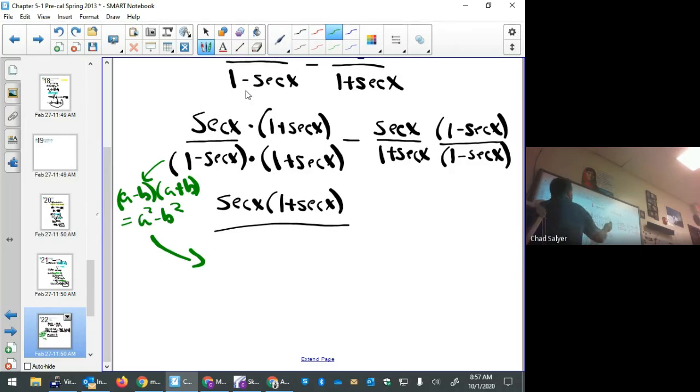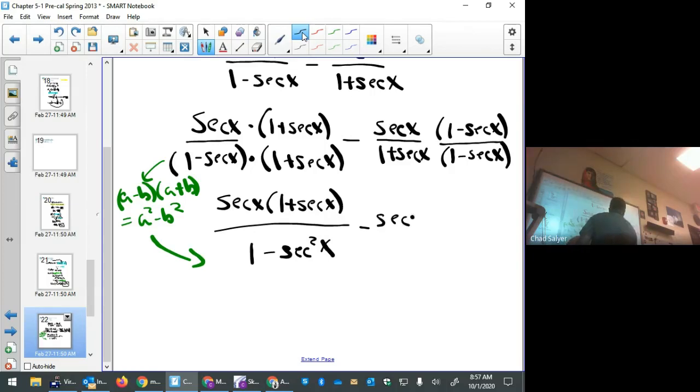So that's going to be 1 squared, which is 1, minus secant squared x. I don't have to FOIL it out or anything because I see that relationship. Minus secant x times 1 minus secant x over, once again, 1 minus secant squared x.